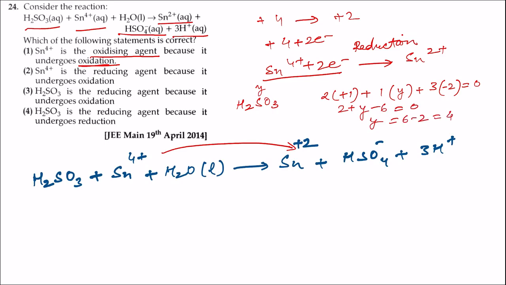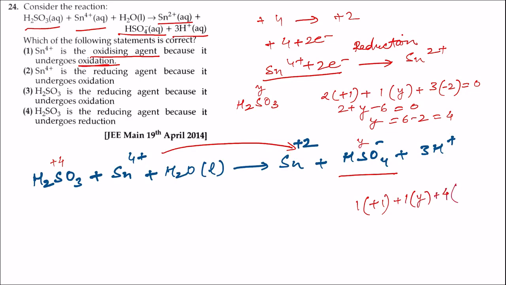So oxidation state of sulfur in H2SO3 is +4 and oxidation state of sulfur in HSO4 minus, number of hydrogen atoms in HSO4 is 1. So 1 into +1. +1 is the oxidation state of hydrogen. Let the oxidation state of sulfur be Y. Number of sulfur atoms is 1. So 1 into Y plus number of oxygen atoms is 4.